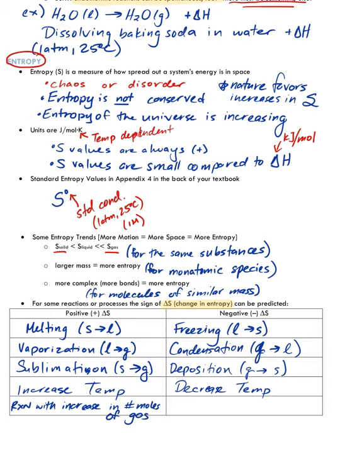So the products have more moles of gas than the reactants. That's going to have a positive delta S. And the reverse, a reaction with a decrease in the number of moles of gas will lead to a decrease in entropy. So if you have fewer moles of gas product than you had of gas reactant, that would be a negative entropy.